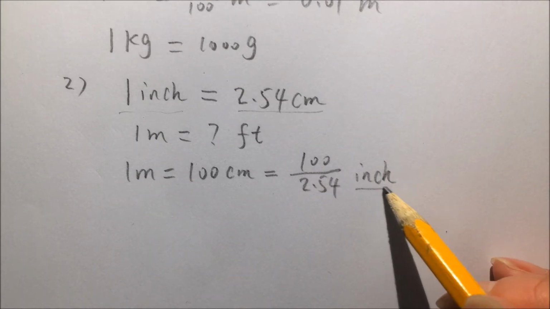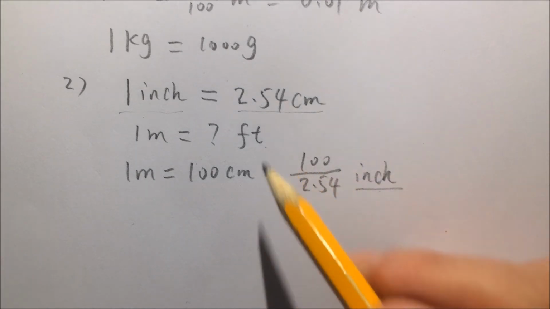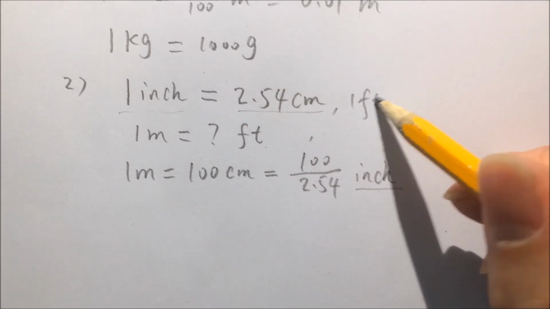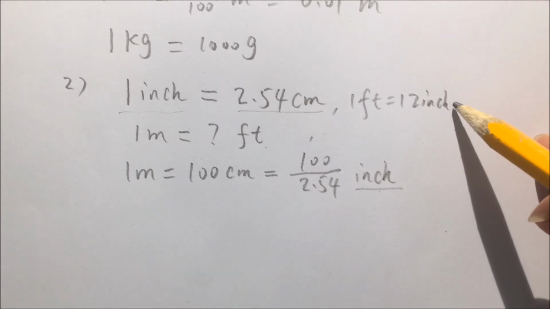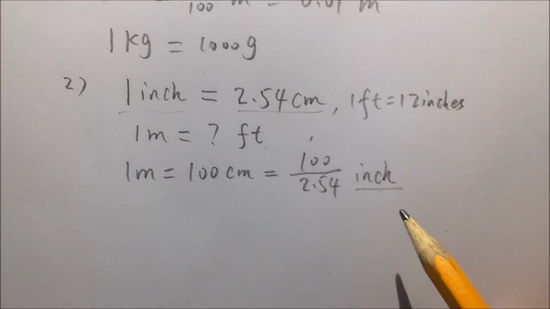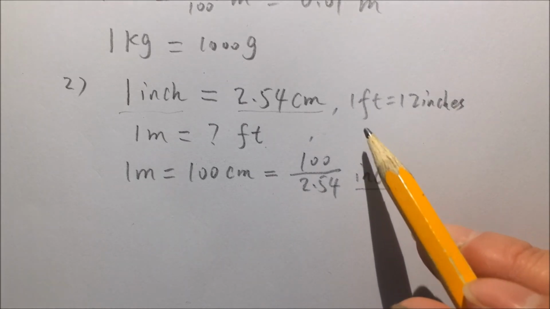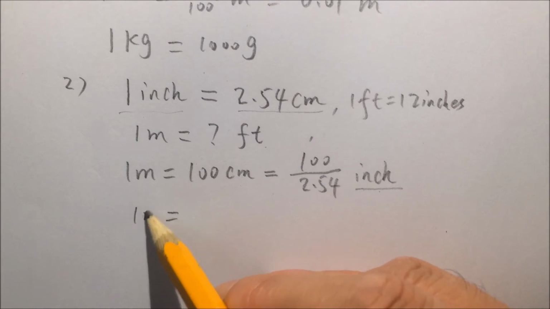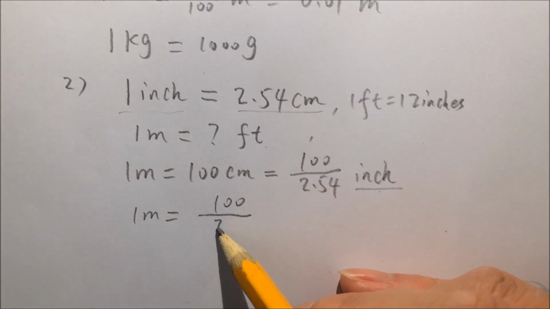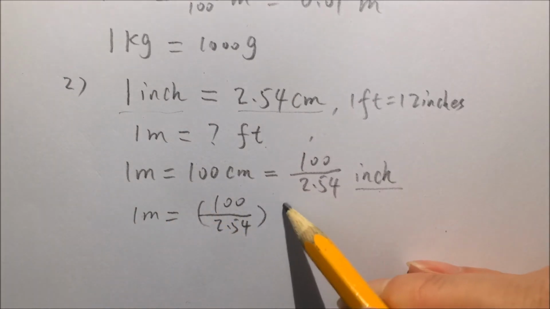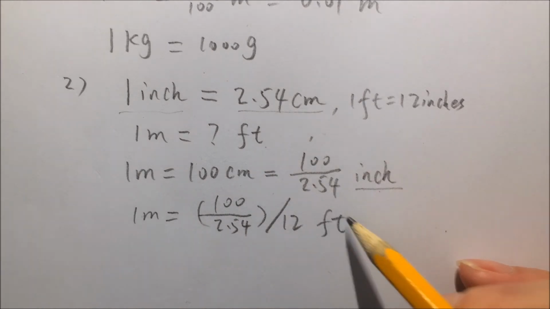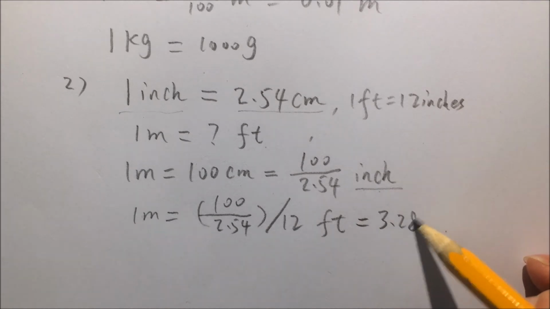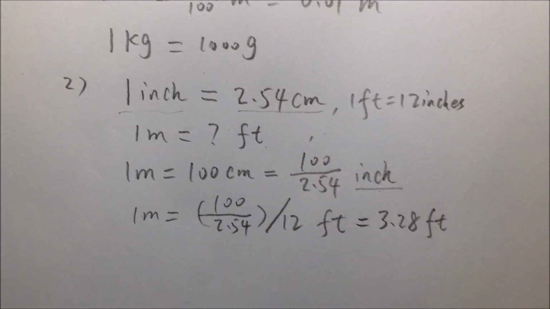And you know, the relation between inch and foot is 1 foot equal to 12 inch. So to convert the inch to the foot, you have to divide it by 12. Then 100 divided by 2.54, altogether divided by 12, you get how many feet? So you calculate, you should get about 3.28 feet. Okay.